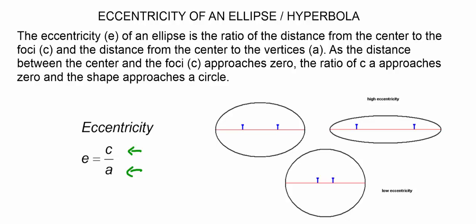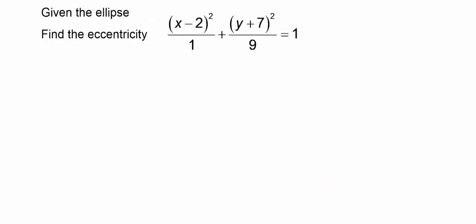Let's go ahead and do a quick calculation involving an eccentricity. Here's my ellipse. I know that in this case A is equal to 3, B equals 1. We're looking for C over A to find the eccentricity, so I'm going to have to find my C value.